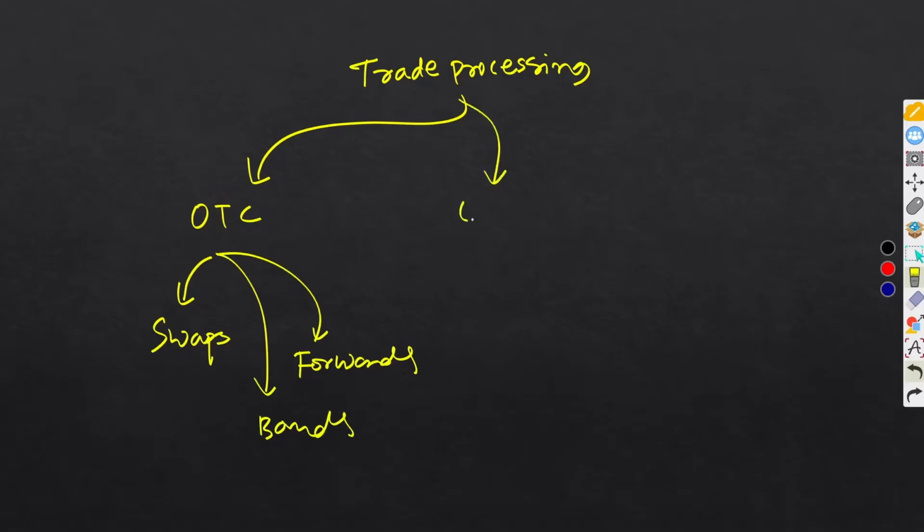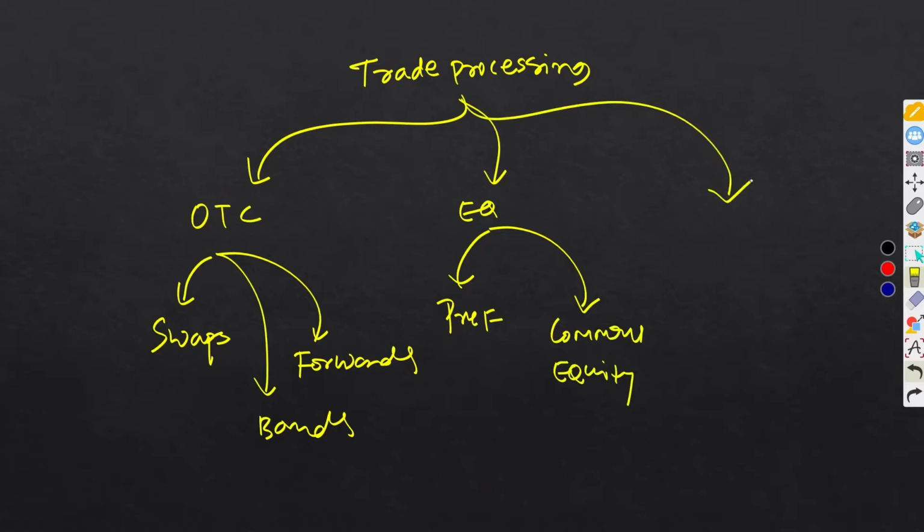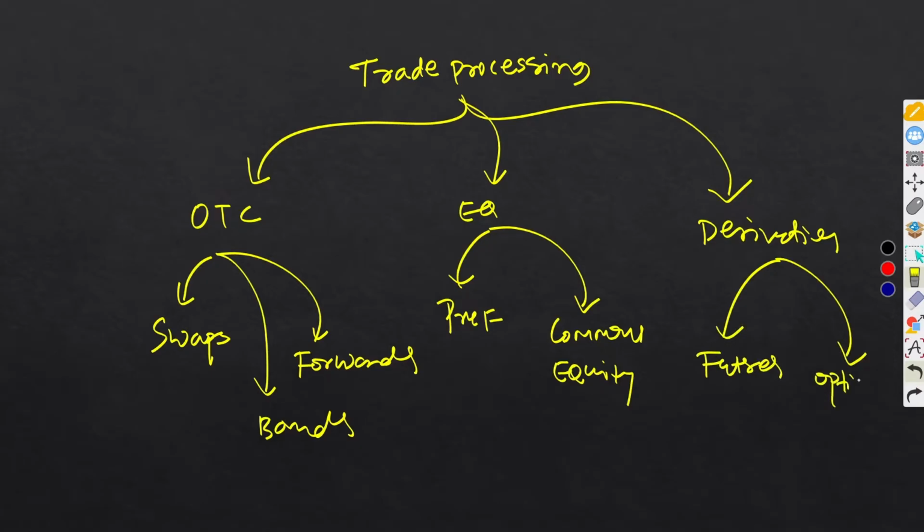Maybe you would see an equity team who take care of preference and common equity. And finally, maybe a derivative team for futures and options. Basically, they'll deal with margin and other aspects.